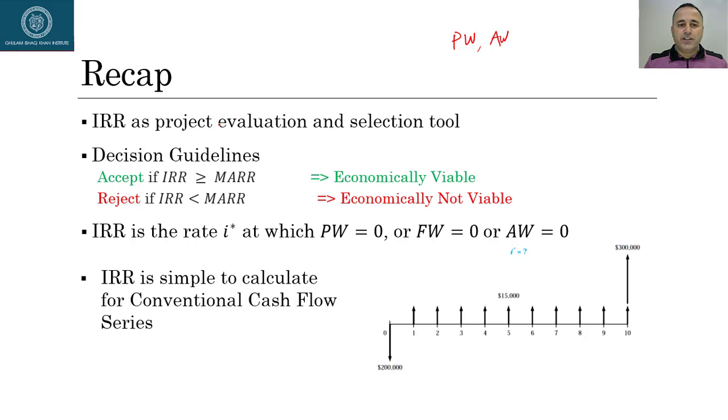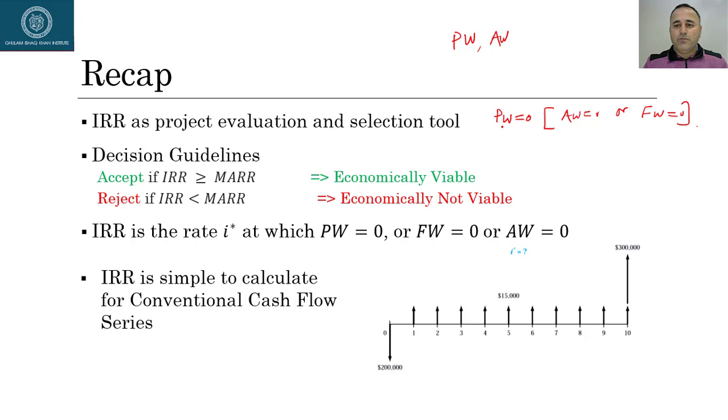In internal rate of return, instead, PW is given, and we are required to calculate the interest rate. So by definition, IRR is the rate at which your PW is equal to 0, and similarly AW equal to 0 or FW is equal to 0.